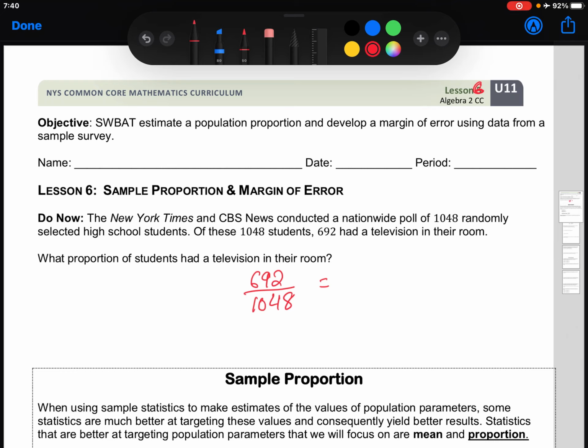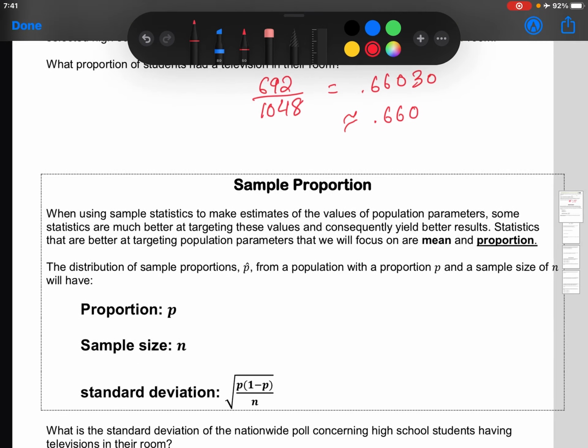You can put that in the calculator and you end up with 0.66030. In this lesson, you'll see it's not asking you to round to a certain number. So I would do 3 decimal places regardless, 0.660.